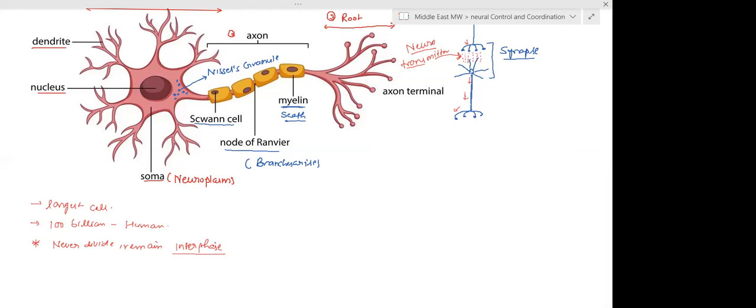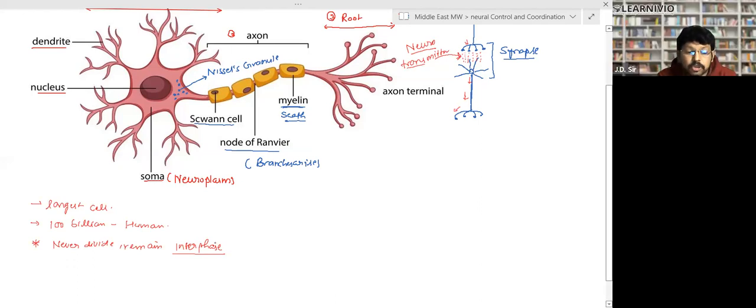Full stop. Shortly after birth, new neurons do not develop.